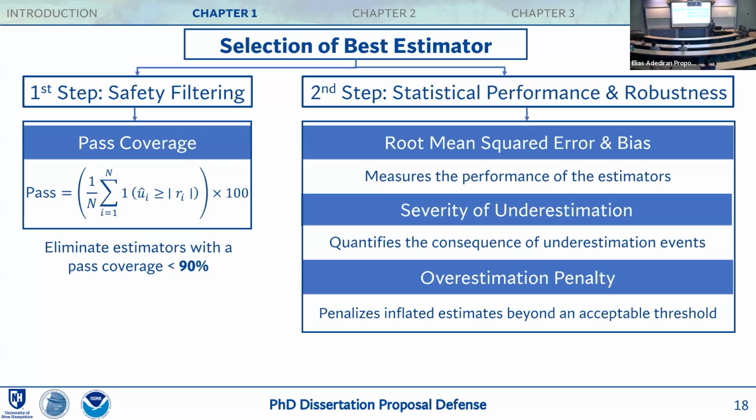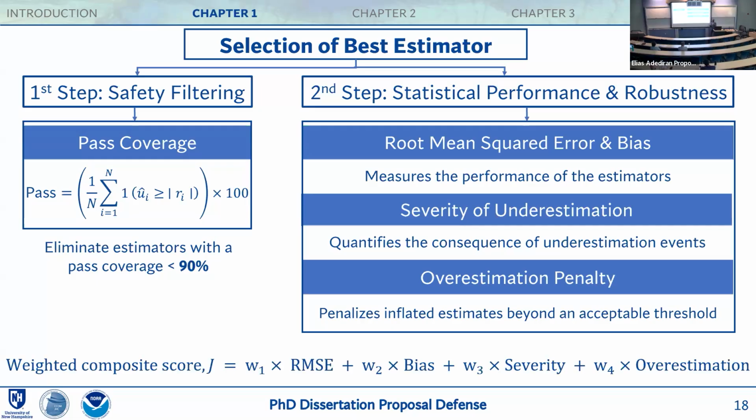So we penalize if the estimator is underestimating, and also penalize when it's overestimating. We need a balance between the two. Putting all of these metrics together, we define what is called the weighted composite score. The estimator with the highest composite score becomes the winner, the best method. So that's how we are selecting the best method.